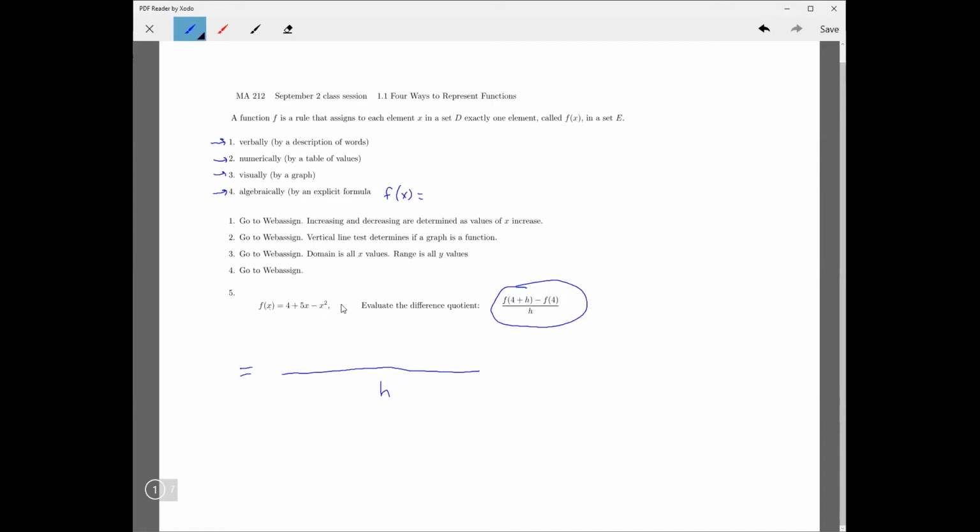So everywhere you see an x here and here, you have to replace it with 4 plus h. It's just like plugging the stuff in at the right point. And with this one, the x is replaced with a 4, so you replace all these x's with 4s.